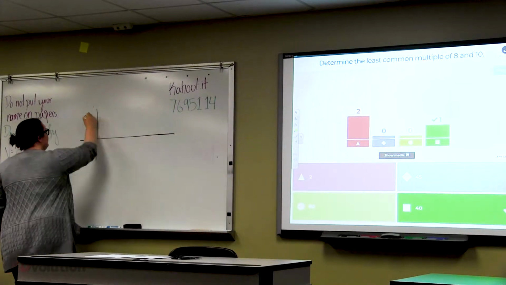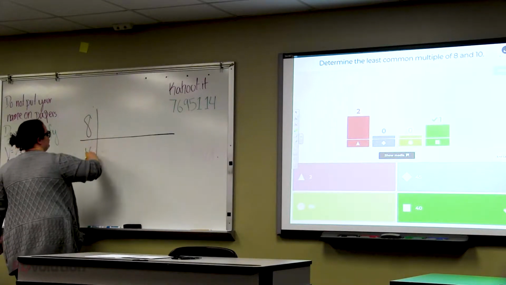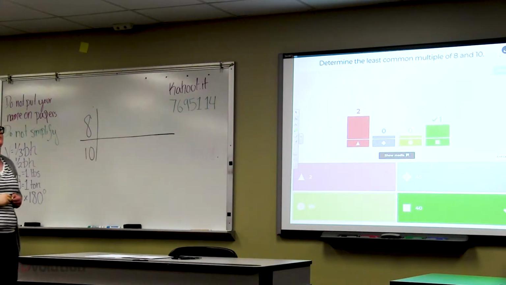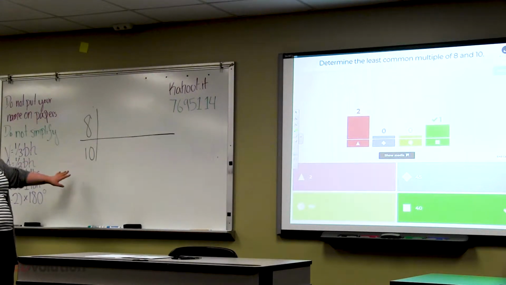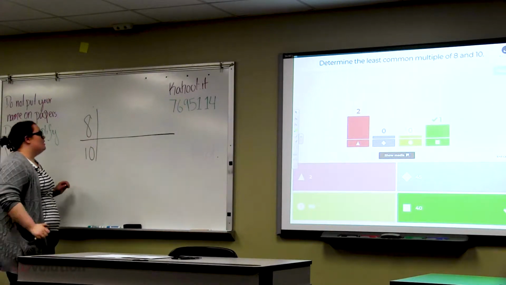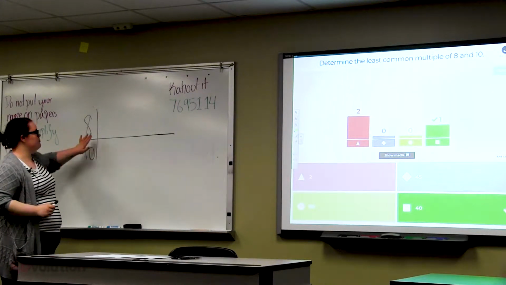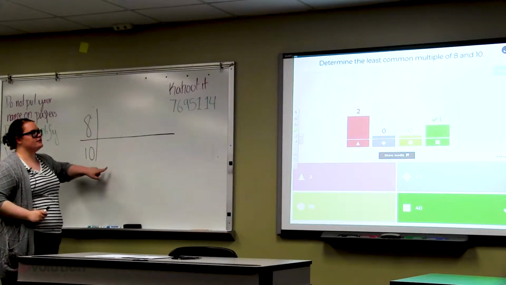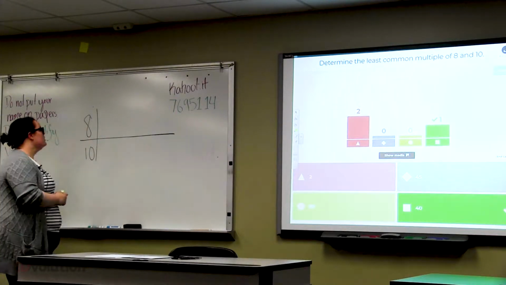So we have 8 and 10. The least common multiple is the number that either number can be multiplied to get, and they're both a divisor of it. And so I would list the multiples until I got two numbers that were the same.